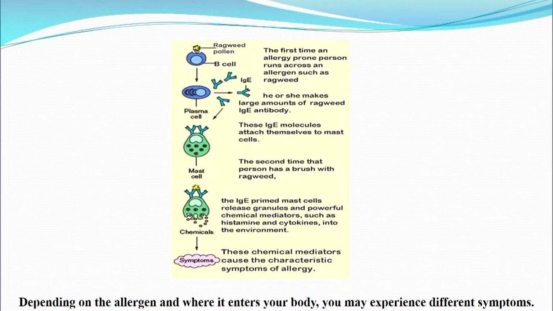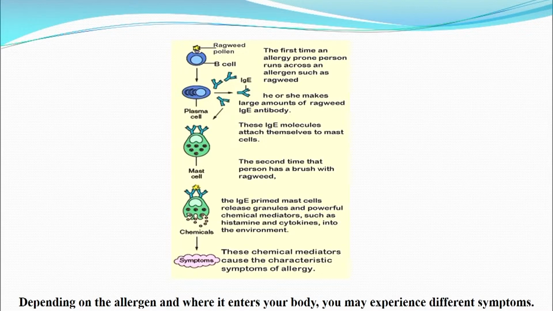So this is the process of how an allergen works. The first time a person prone to allergy encounters an allergen, such as ragweed, as an example we are taking here, their immune system produces large amounts of an antibody called immunoglobulin E, IgE. These IgE molecules attach themselves to specialized immune cells known as mast cells.